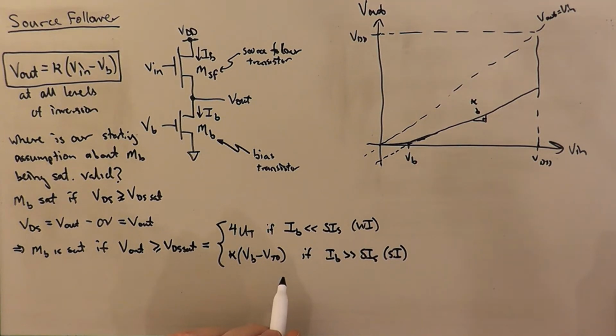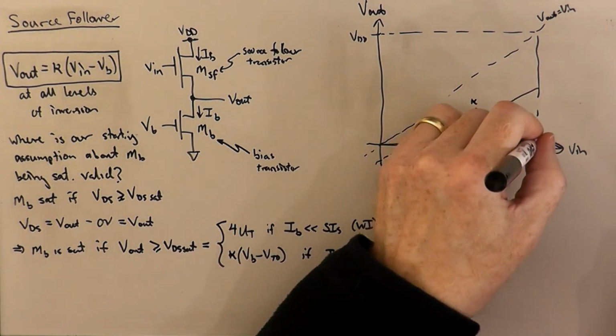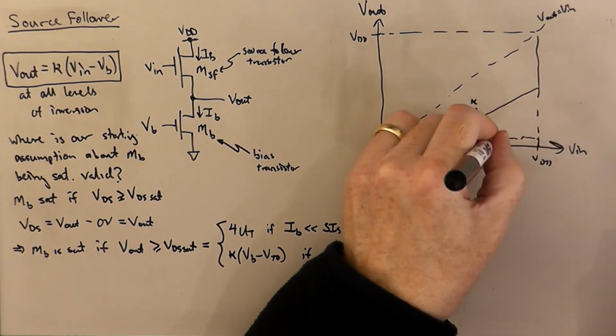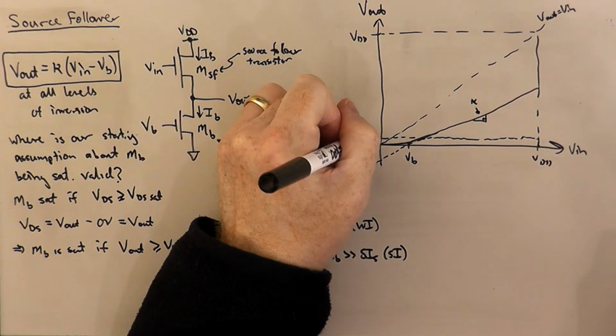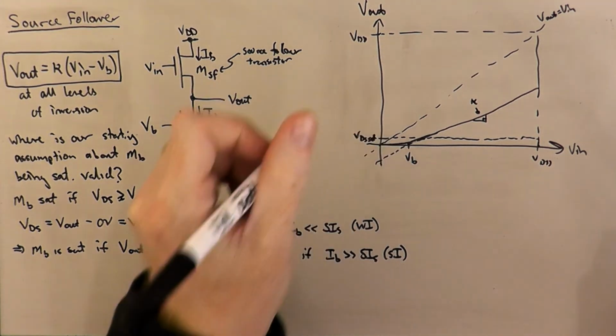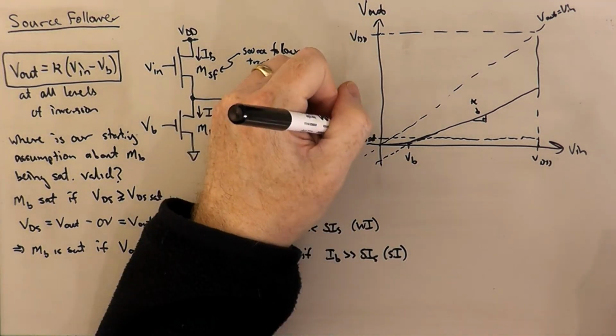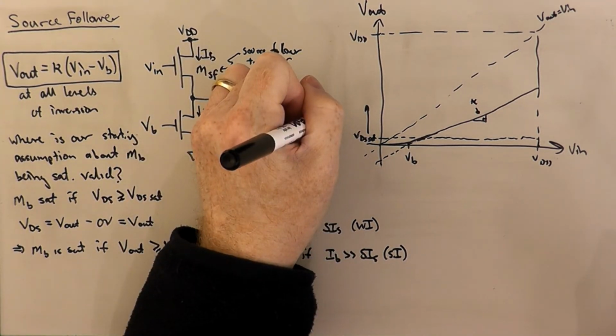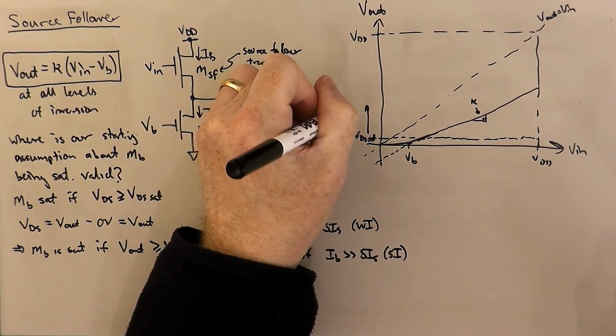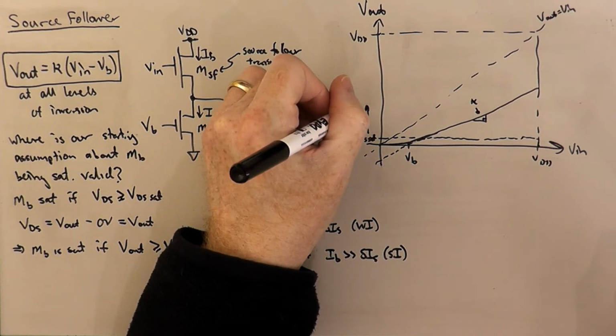Well, if this is VDS sat, that means that our model is valid in this region. Our assumption is valid.